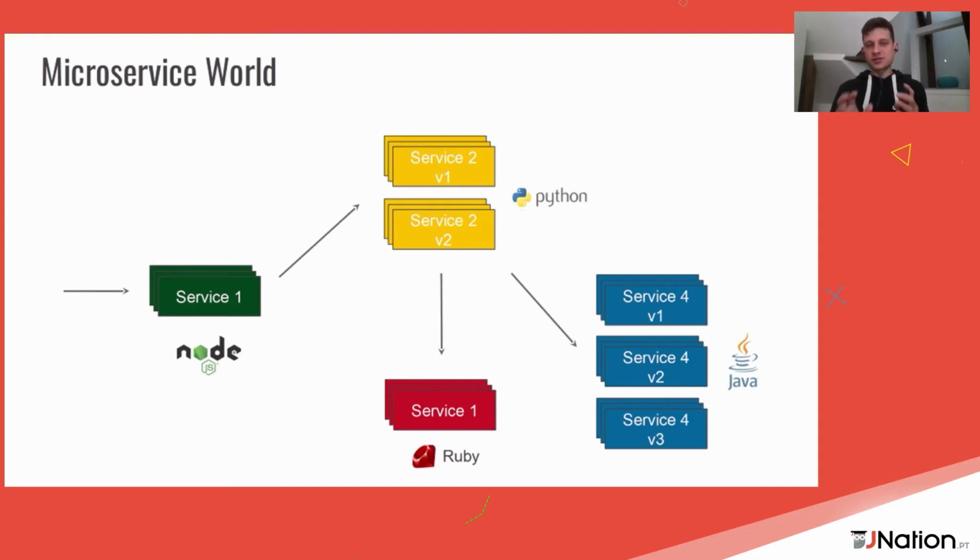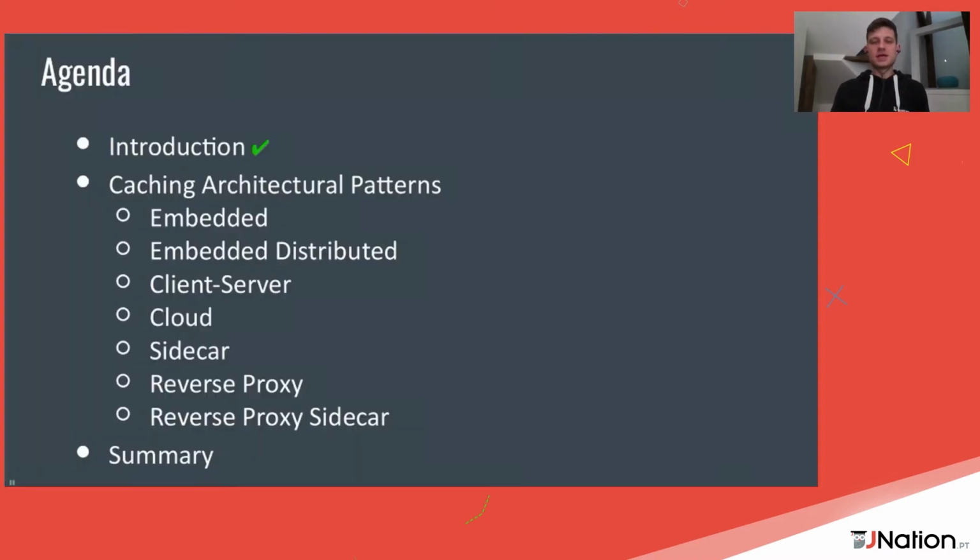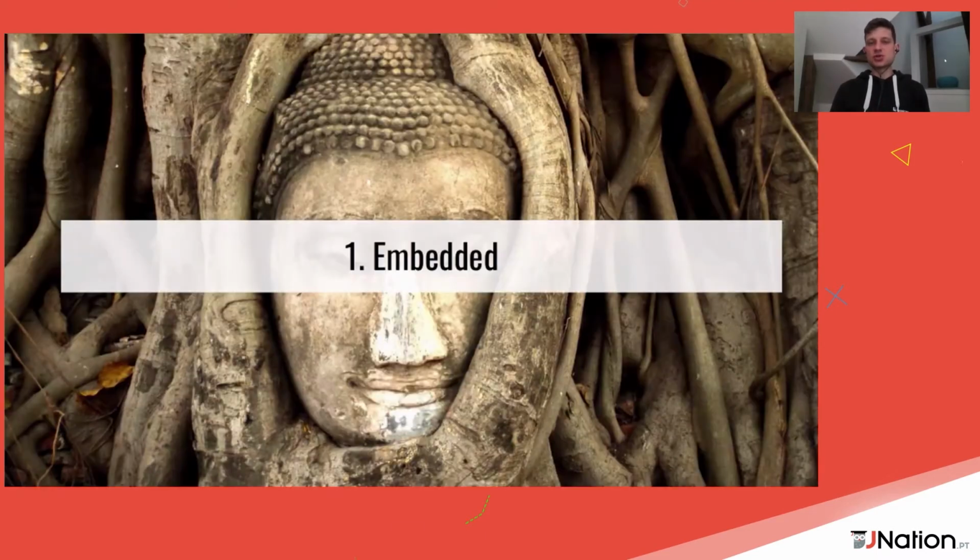Now the question for this talk is, where is the right place to put your cache? Is it inside of each service? Or maybe outside as a separate unit in your architecture? Or maybe in front of your services? That is what we will talk about. So let's start from the first, simplest caching topology, caching pattern, which is embedded cache.